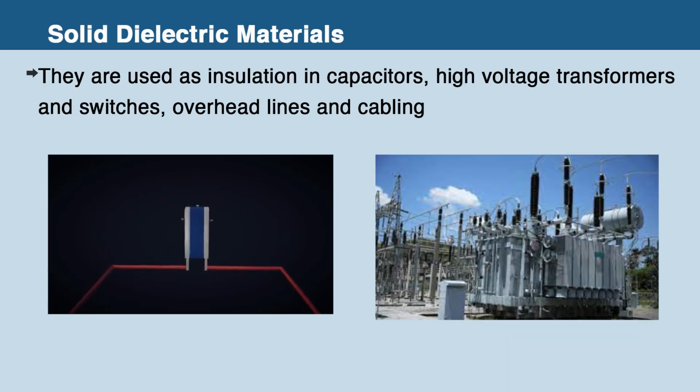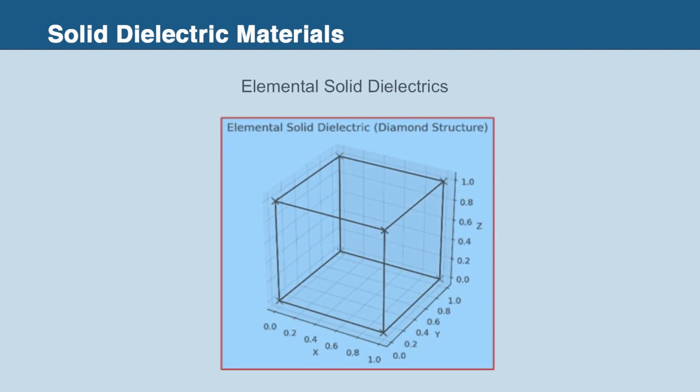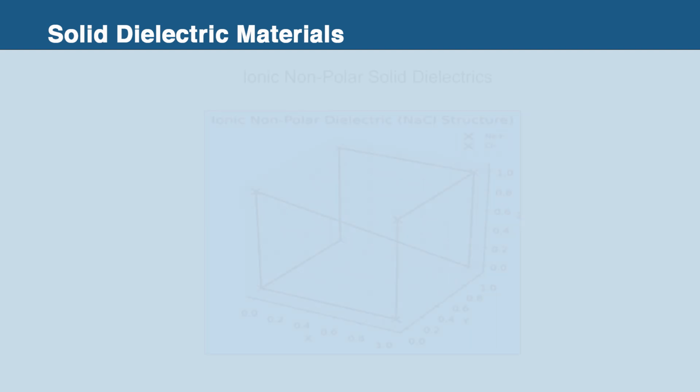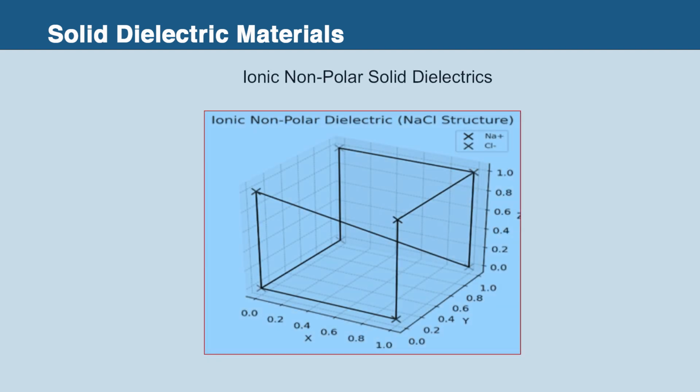There are three types of solid dielectric material. The first one is elemental solid dielectric: solid dielectric materials consisting of a single type of atoms, such as diamond, sulfur, germanium. Second, ionic nonpolar solid dielectric.